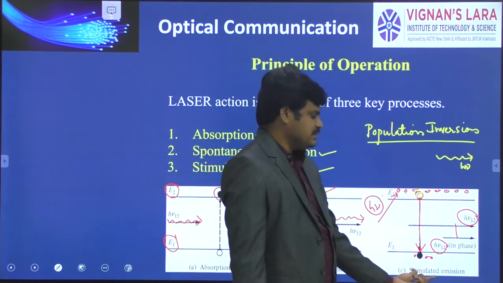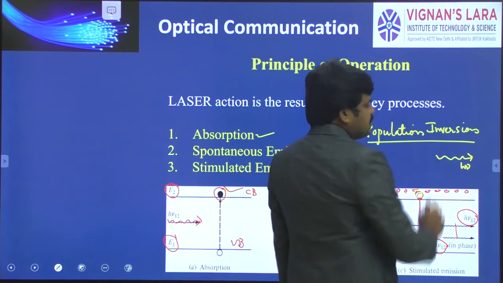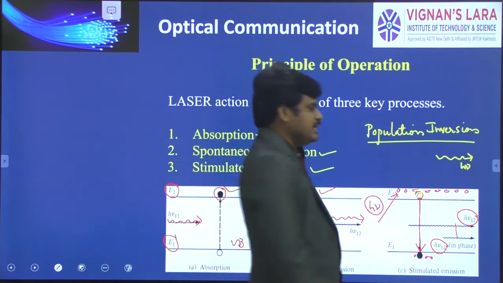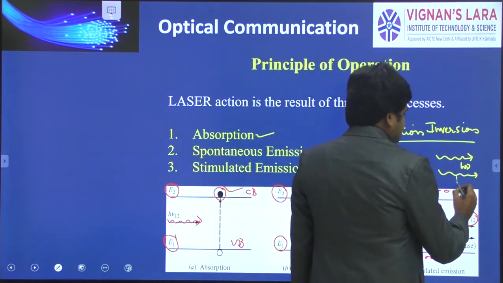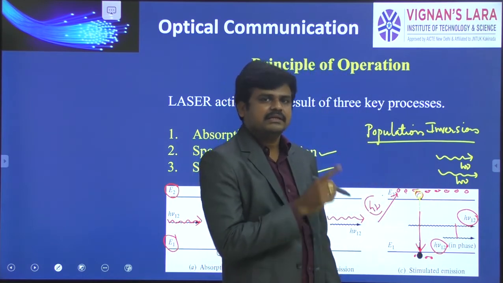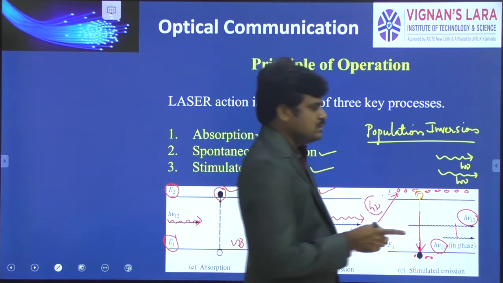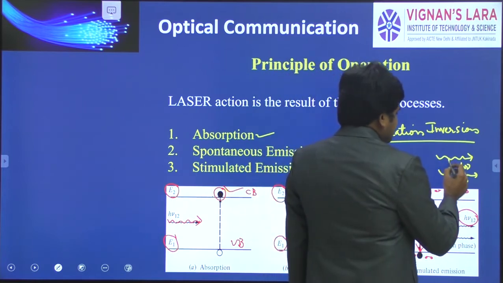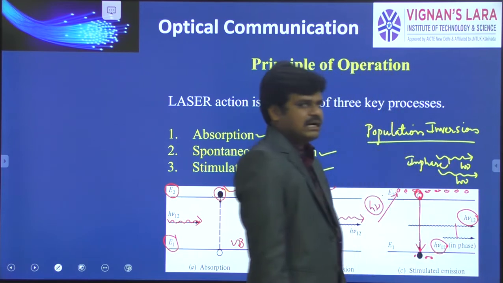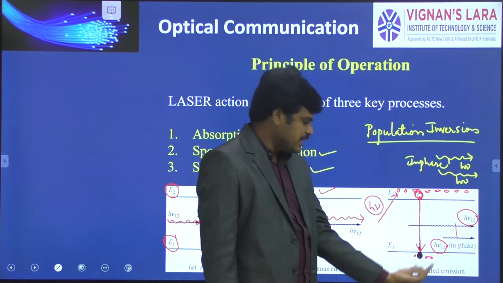But in the stimulated emission case, the electron will naturally generate one energy for falling into the ground state, and the other energy which it has absorbed to fall into the ground state is also released. These two energies are in phase. This kind of emission is called stimulated emission.